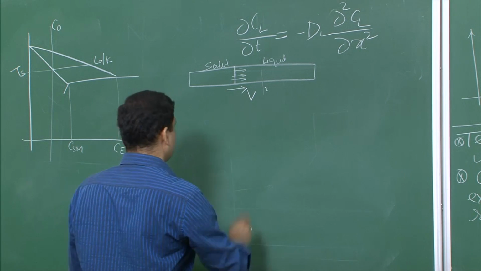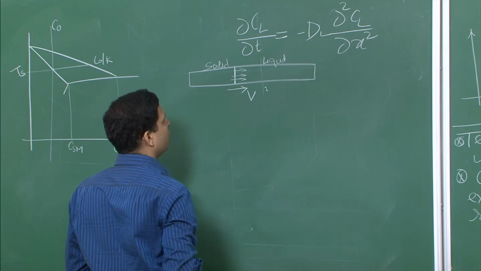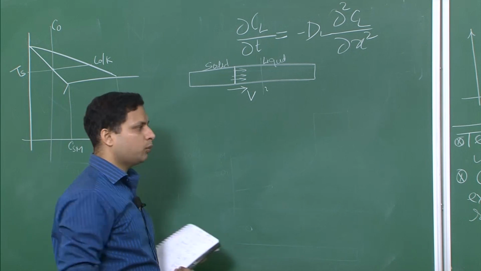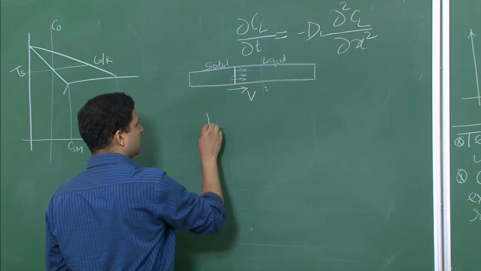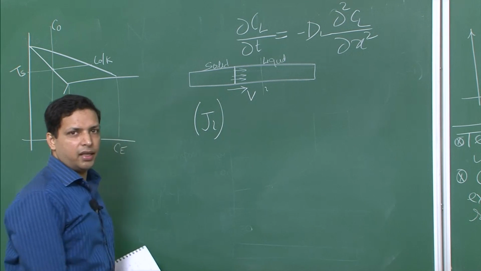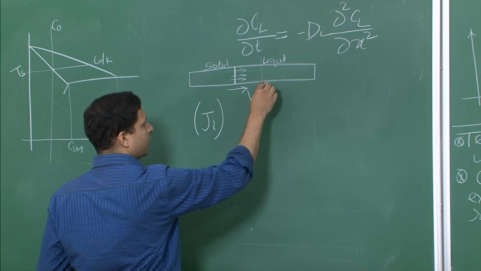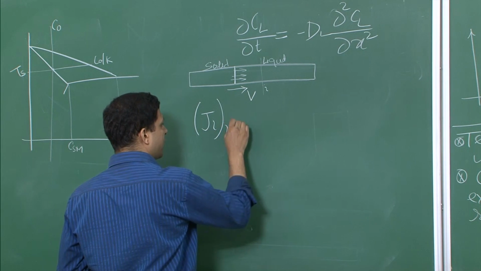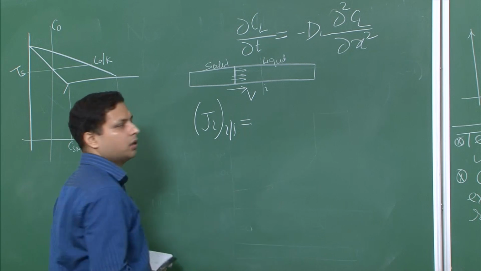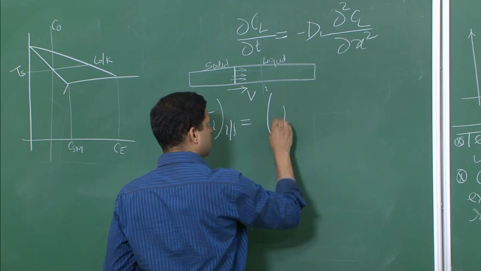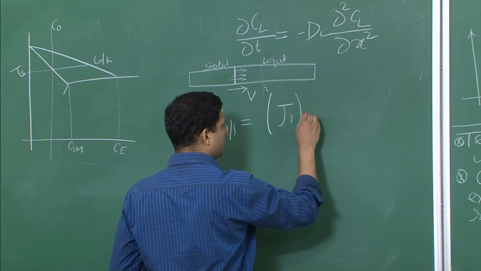So to derive an equation which will be valid for this moving reference frame, let us look at some basic equation. Ji is the flux at some particular plane i in the reference frame If. If is the interface reference frame. Now we said that in the lab reference frame also there is flux.